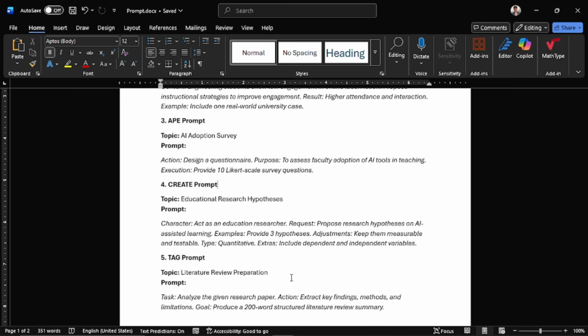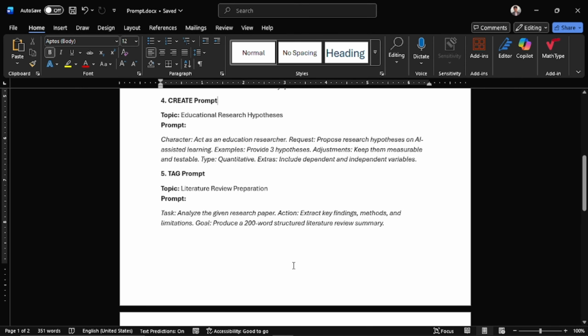Okay, so you give a character: act as an education researcher. And the request: propose research hypotheses on AI assisted learning. Provide three hypotheses. Adjustment: keep them measurable and testable. Type: quantitative. What is the type that you want to measure? And then finally include dependent and independent variables. So that is the CREATE prompt.